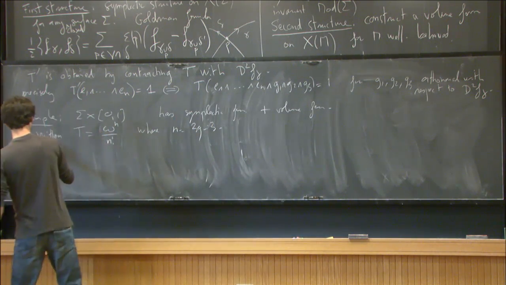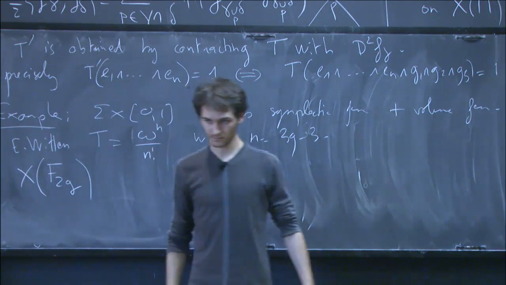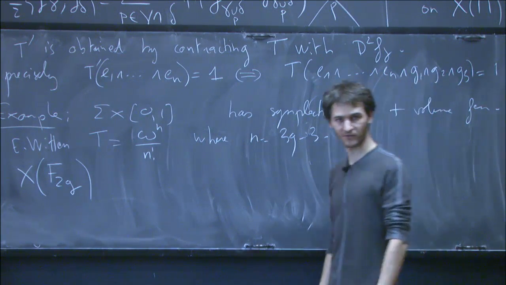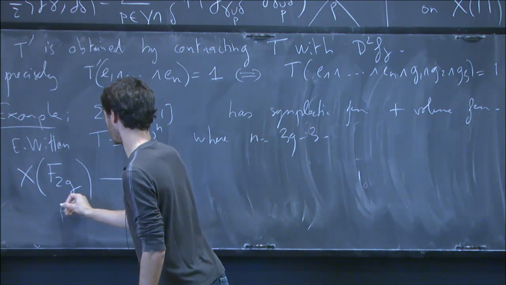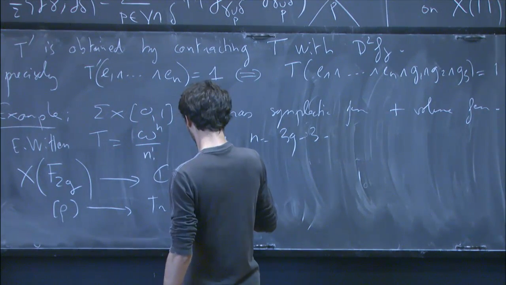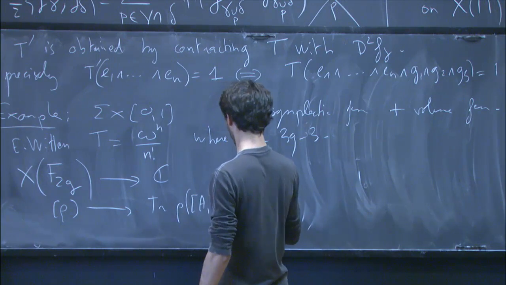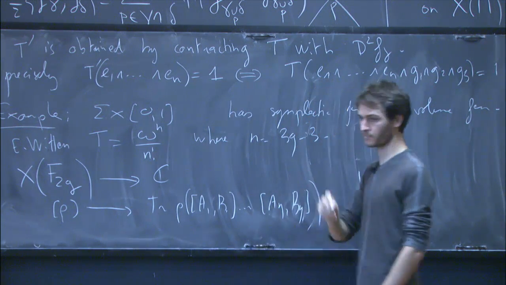So you just start from a free group with 2g generators, okay, and compute the function which is a trace of the commutator. So to rho associates the trace of rho of A1, B1, ..., AG, BG. Okay?